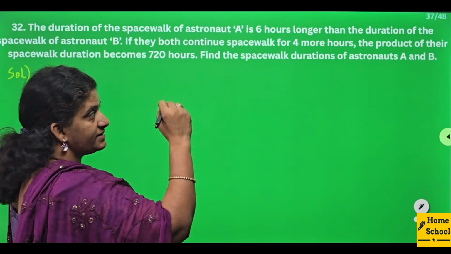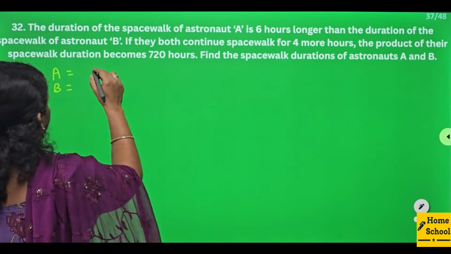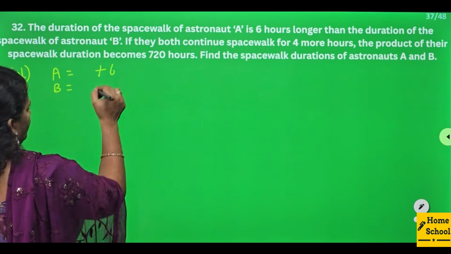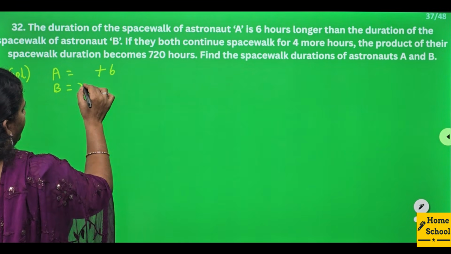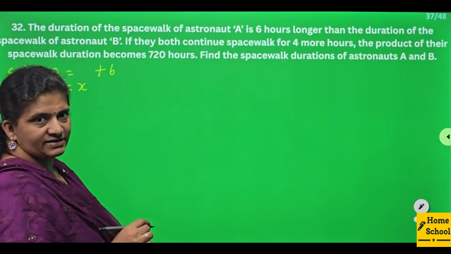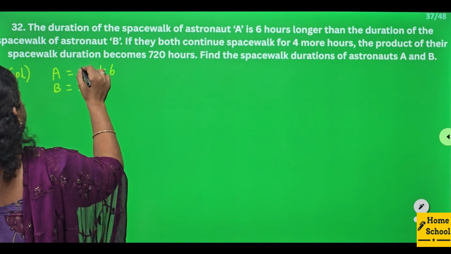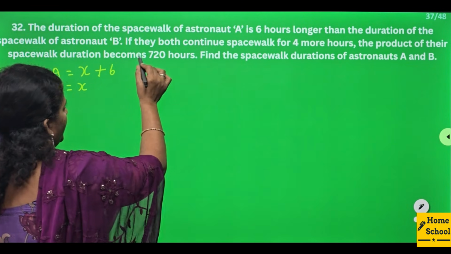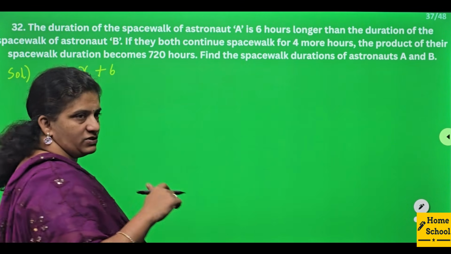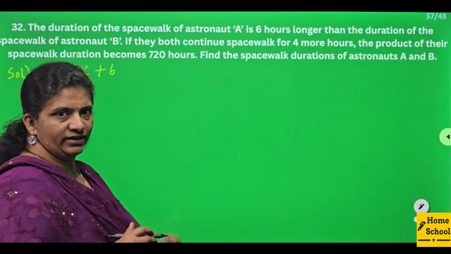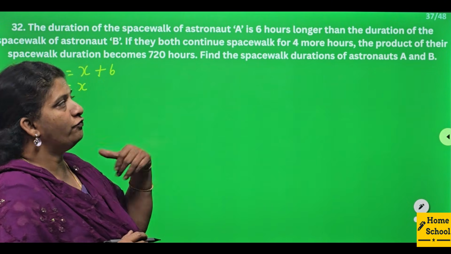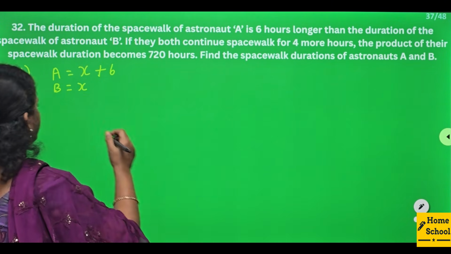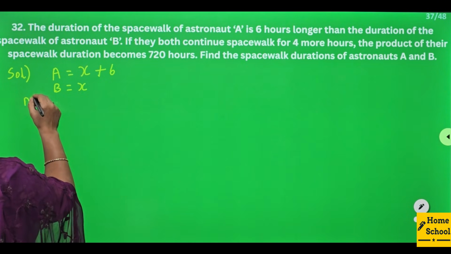A takes 6 hours more than B. So let us assume B has taken x hours. Then A has taken x plus 6 hours. Next point, if they both continue the spacewalk, still they are doing the spacewalk for 4 more hours. So what am I going to write here?